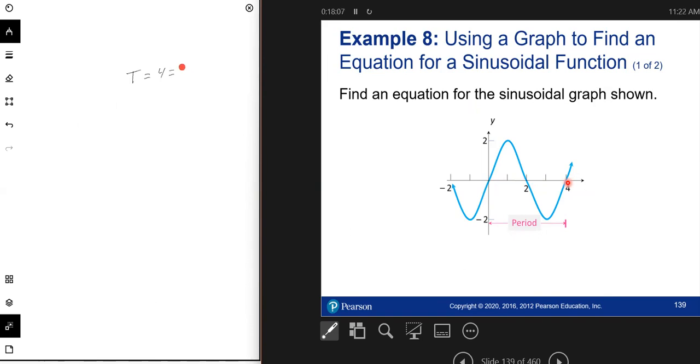Well, 4 is 2 pi over omega, or 4 omega equals 2 pi, or omega equals 2 pi over 4, or pi over 2. So omega is pi over 2. So right away I can change this to say sine of pi over 2 x.